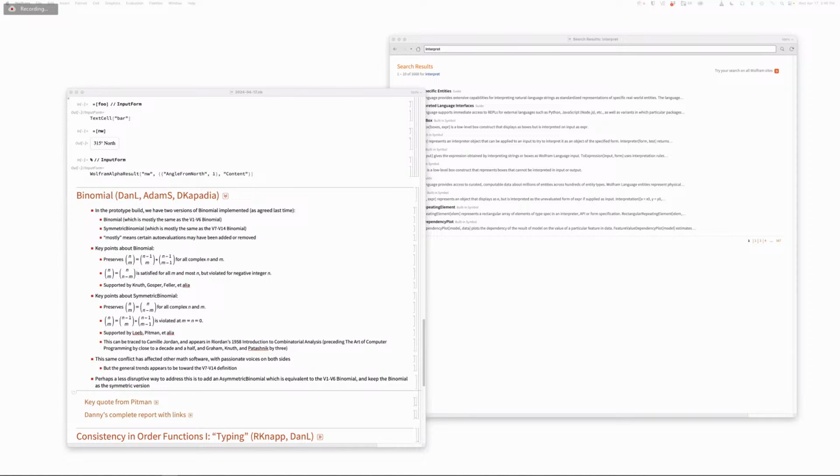At the present time, it's following binomial, and we made the conscious decision that we're not going to worry about those edge cases. Keeping binomial the same sort of solves the problem of what about all the other functions? They'll just keep doing what they're doing.